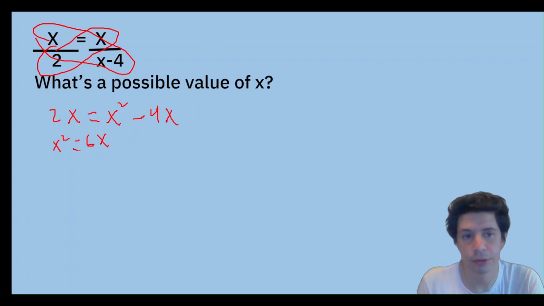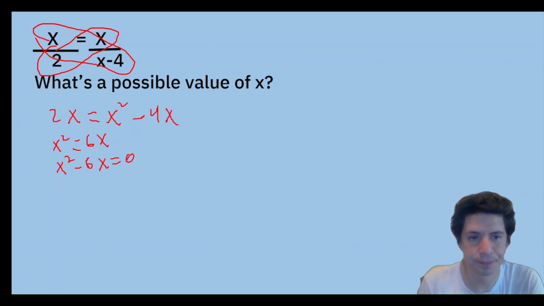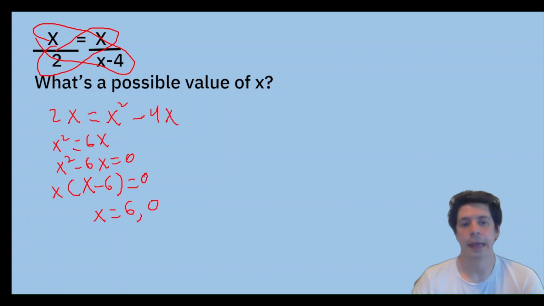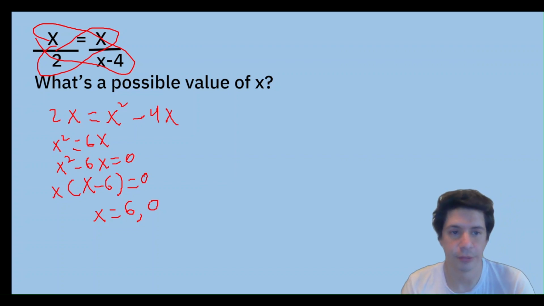So then we can subtract 6x, so we get x squared minus 6x equals 0. And factor out the x. We get x times (x minus 6) equals 0. So two possible answers, right, are 6 and 0. And if you put either one of those, you'll be right.